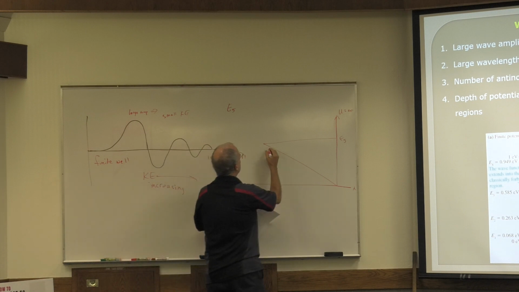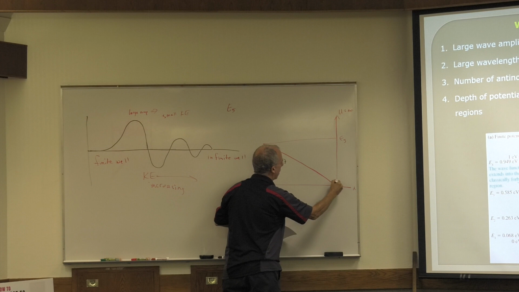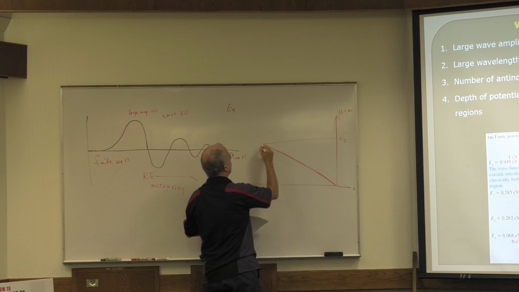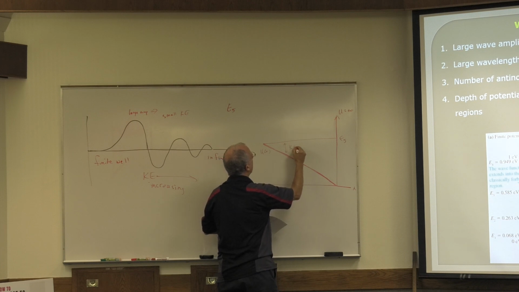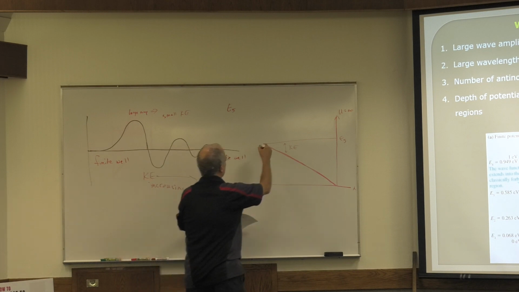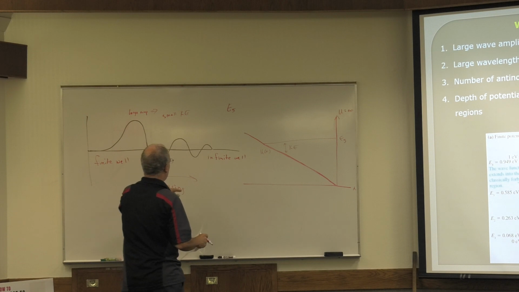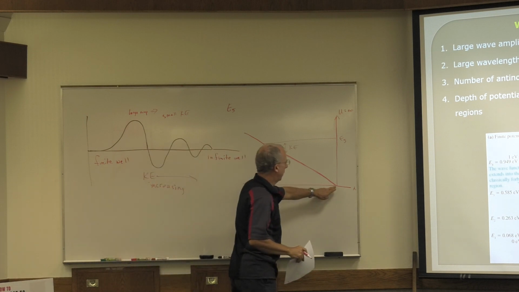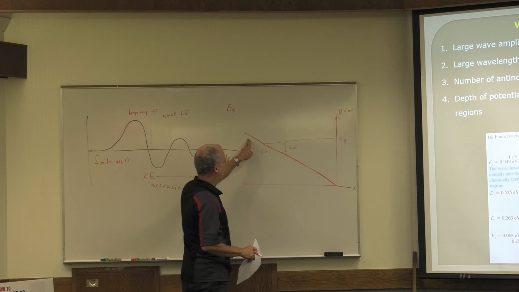So this is U, right? So this here represents U, U as a function of x. So this is the kinetic energy. And I'll just do this, make it super clear. All right, so this is the infinite well, this is the finite well.